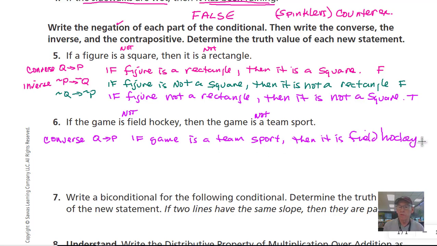Now, this is false. I could think of football. Football is a team sport, but it's not field hockey. So that lets me know that that's a false statement.